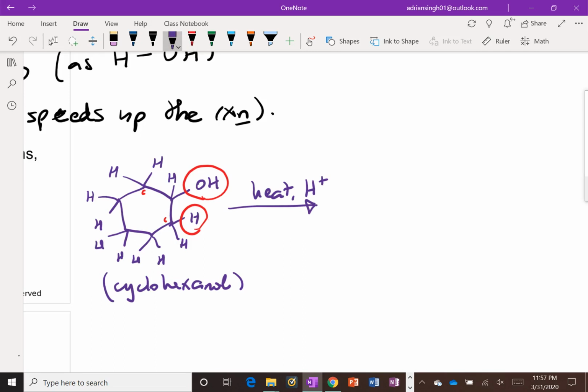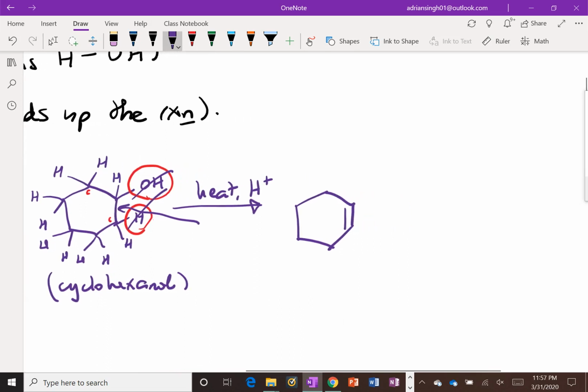So if we were to draw the corresponding product, we end up taking these two things away. Now we have to introduce a double bond right here to make sure that carbon is satisfied with 4 bonds to it.